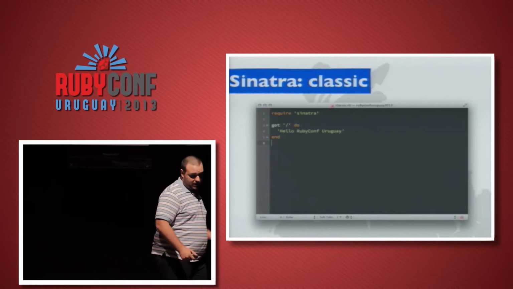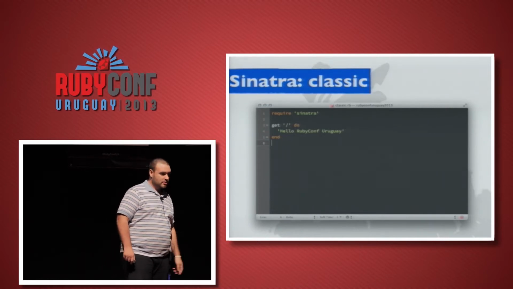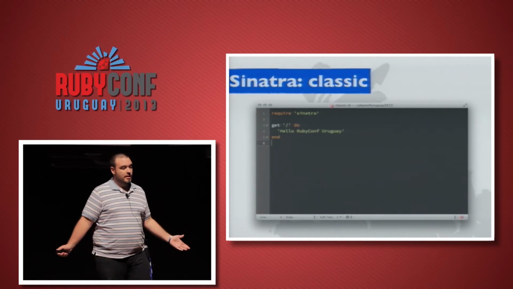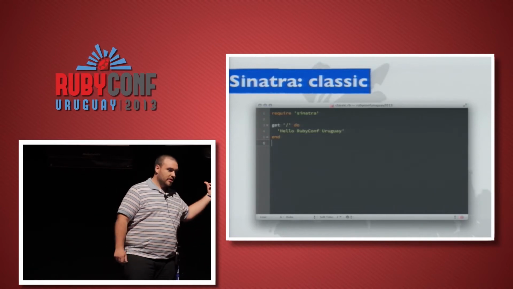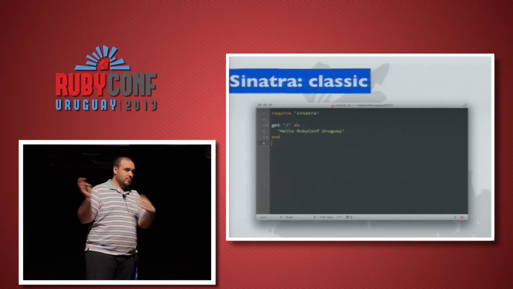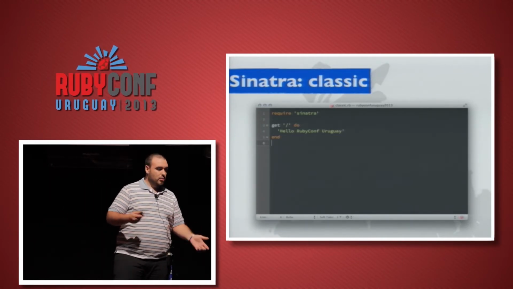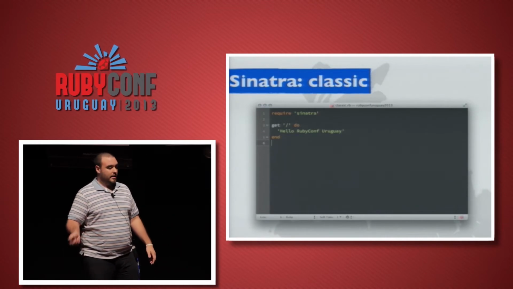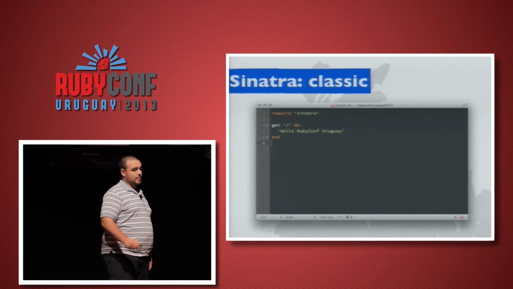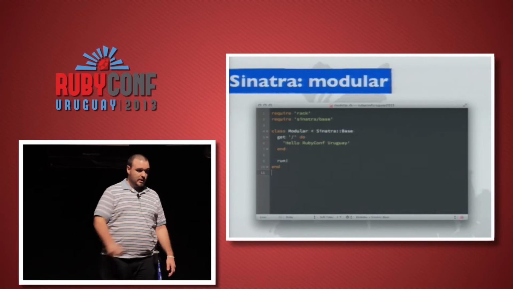Very simple. Then we have two ways we can execute Sinatra. One is the classical way, as in all the examples that we just showed, where you define the routes in a file, and you execute Ruby with the name of the file, and you raise them to the web server.